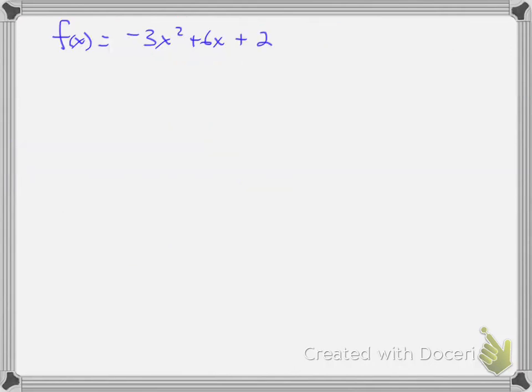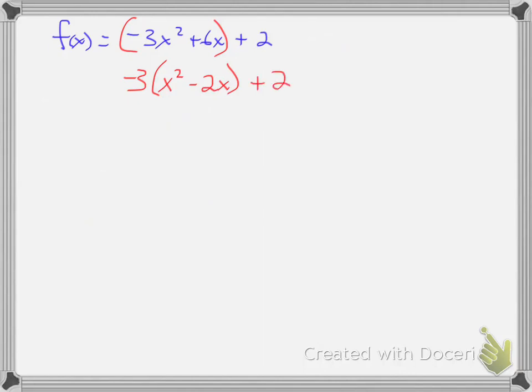These are the same directions here, but it's going to be a little more difficult because I have this coefficient here. What I'm going to do is factor out a negative 3, and that makes this x squared minus 2x, because I factored out the negative. I only factored out of those first two.